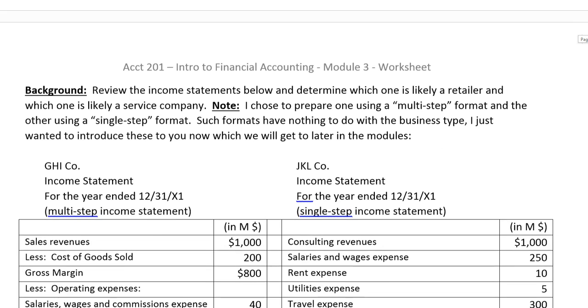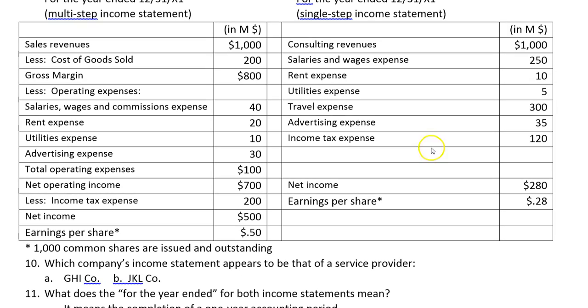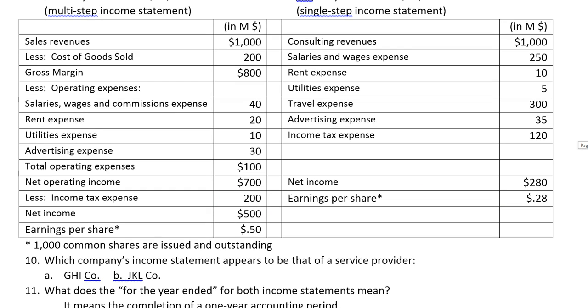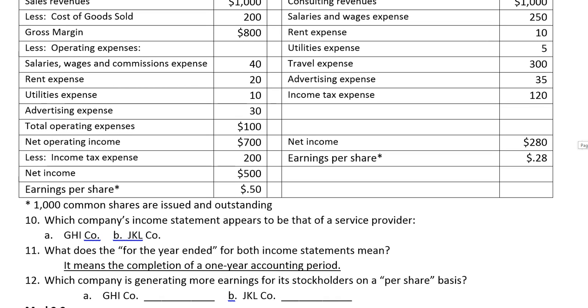Moving on. This next one, review this income statement and determine which one is likely a retailer. So once again, look at the different items, read the names of the different items on here, and try to imagine which one is a retailer or what other type of business they might be. Which one might be a service provider, for example. Think about what this means.